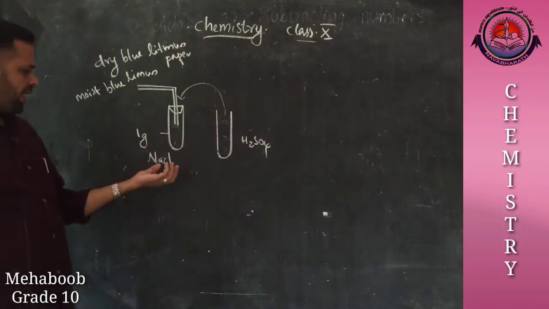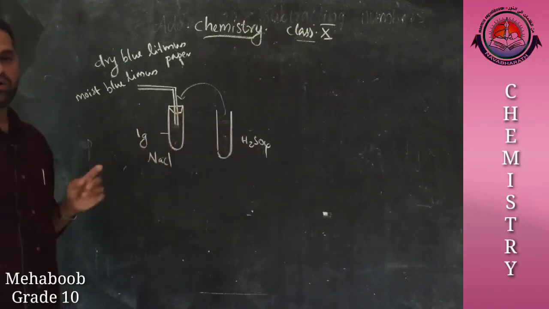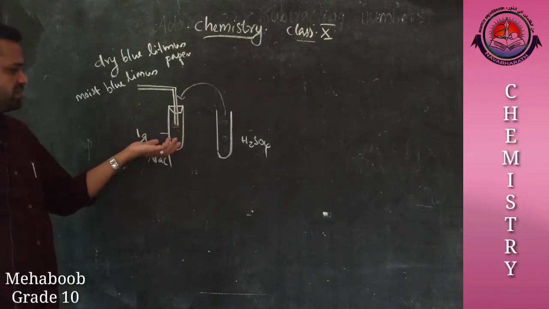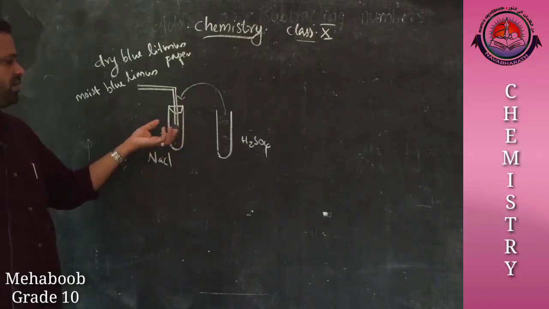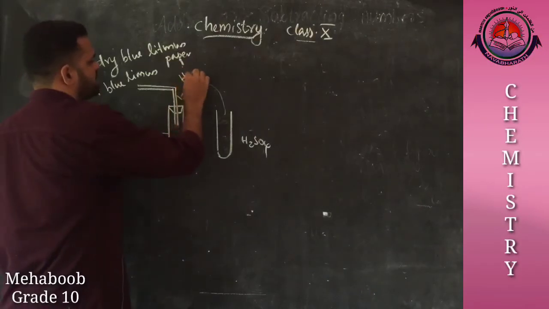When you add sulfuric acid into sodium chloride, some gas is evolving, and what is that gas? It is HCl gas, that is, hydrogen chloride gas.